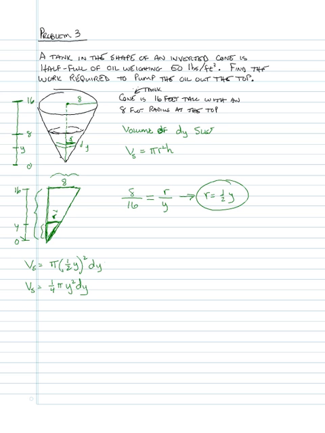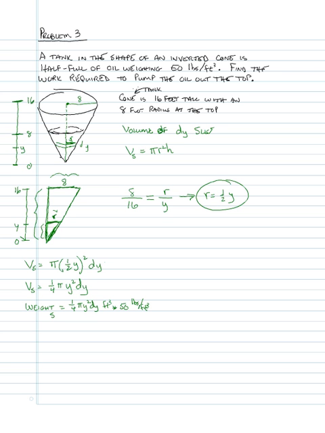So that's the volume of the slice. Well, the weight of that slice would be its volume times the density of the oil. That is 1/4 pi y squared dy, which is in cubic feet, times the density of the oil, which is 50 pounds per cubic foot.